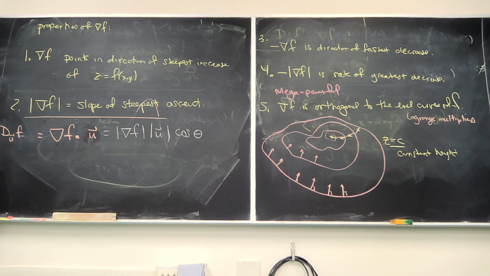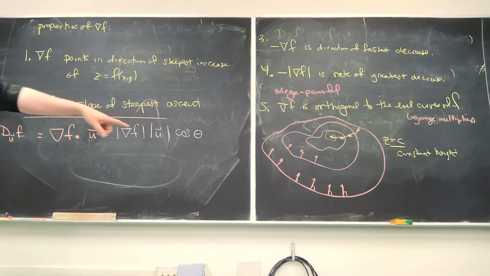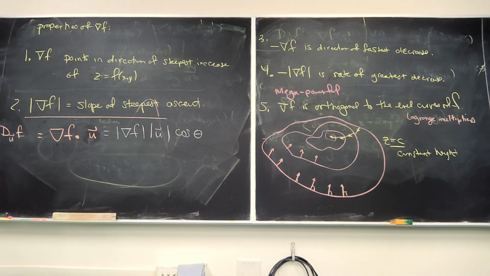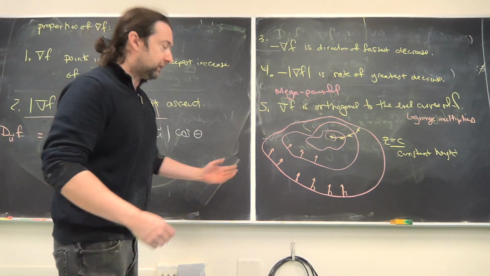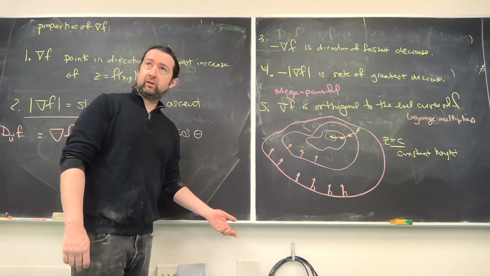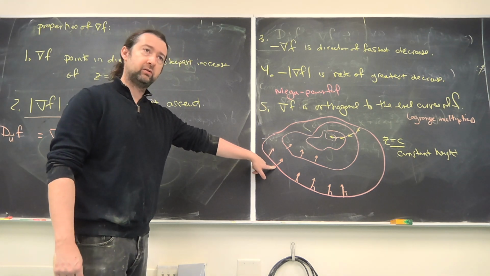The most sophisticated conceptual idea that I can say here is, and we'll see this later, what this actually means is, if you write me a function z equal to f of x and y, there's actually what's called a vector field attached to it. Every point in the plane will have a gradient vector attached to it.